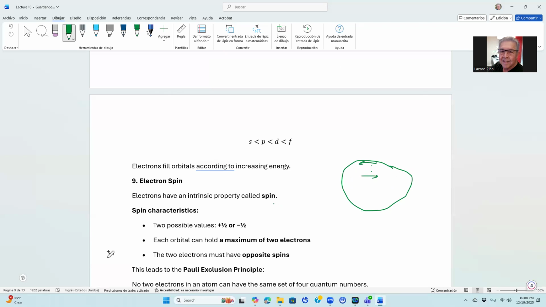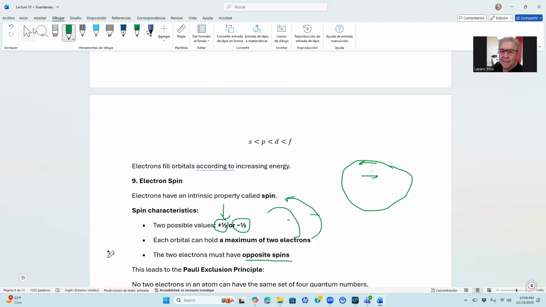And this is the representation of the spin of the electron. One is positive and the other is negative. One goes in one direction, the other goes in the opposite direction, in order to avoid repulsion between electrons that are particles charged negative and negative. The 2 electrons must have opposite spins.